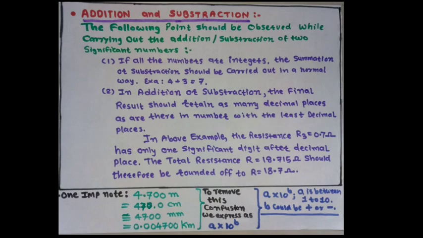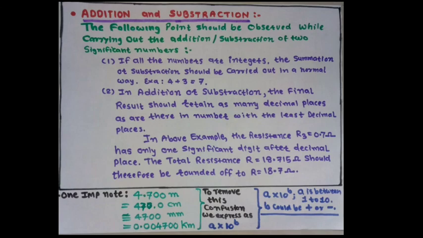Second, in addition or subtraction, the final result should retain as many decimal places as there are in the number with the least decimal places. In the above example, the resistance R3 = 0.7 ohm has only one digit after the decimal place. The total resistance R = 18.715 ohm should therefore be rounded off to R = 18.7 ohm.